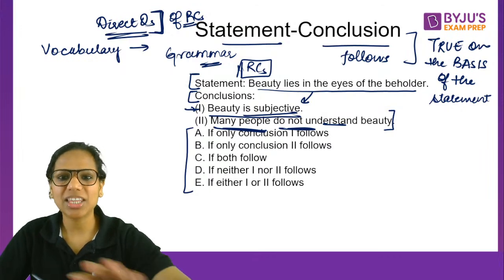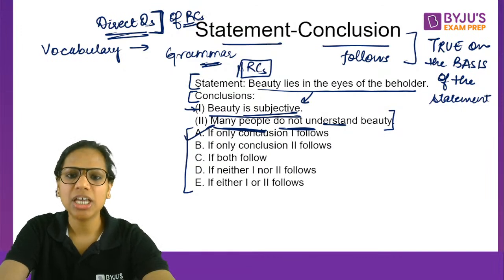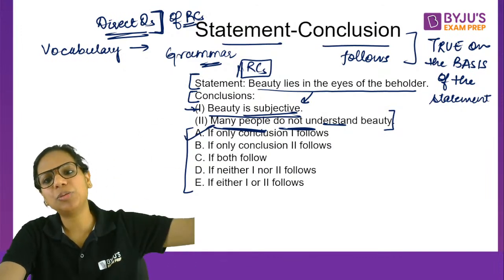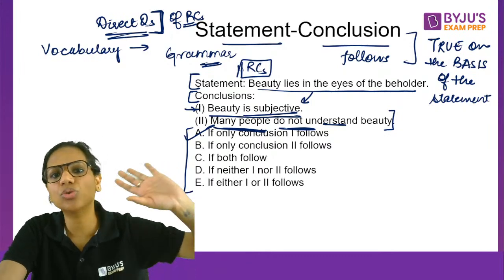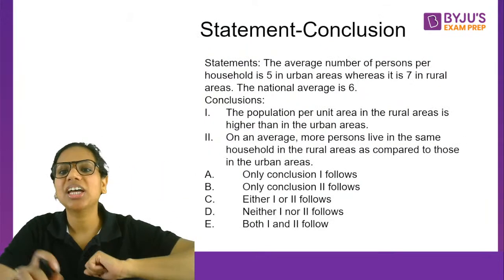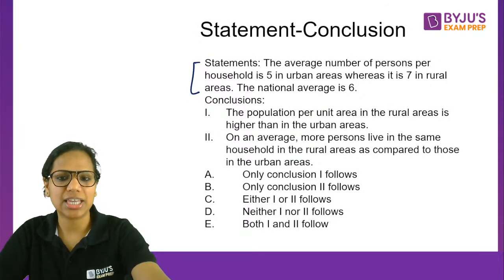Okay. Coming to this, so this is the answer here. Very good, those who've marked A. B, second, when I say many people don't understand, it was not about understanding or not understanding. So this goes out of scope, right? Now, let's have a look at this. A statement is given to you. Which of the conclusions follows?